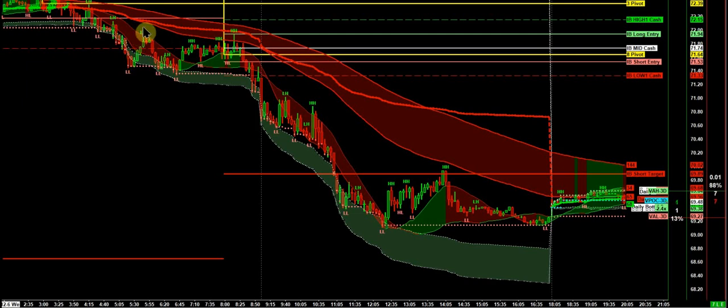There's my next level up right there, and then you wouldn't want to take the cloud here unless you were coming back down. The reason why: top of the cloud's red, yeah, go for it. Top of the cloud's green, maybe not so much. And then you take it down.